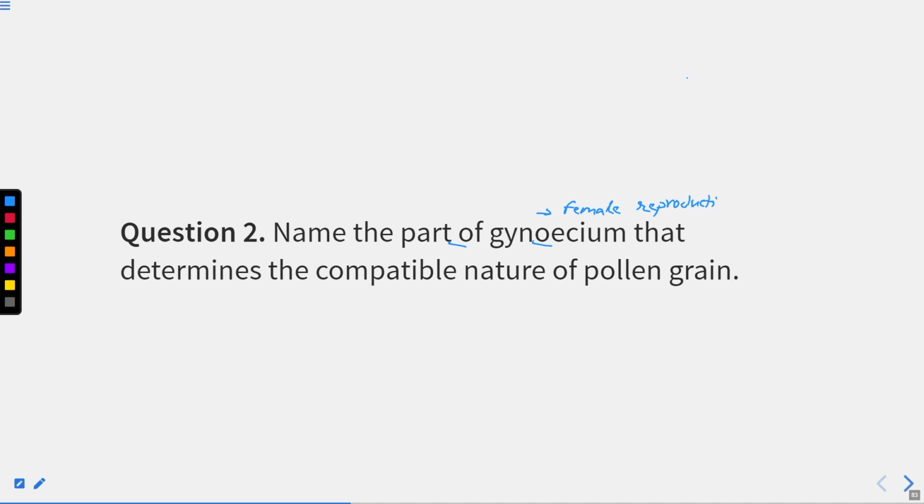That is known as gynoecium. So gynoecium can be represented by the pistil, or you can also call it carpel.